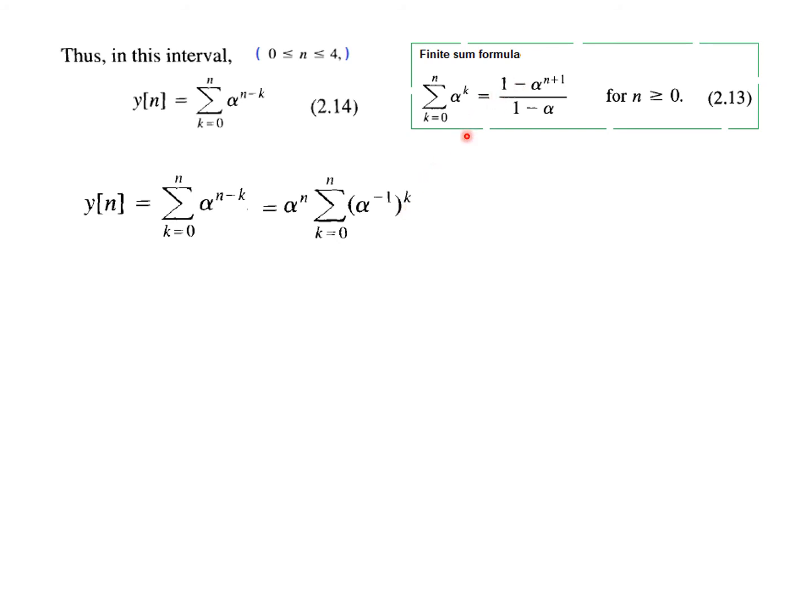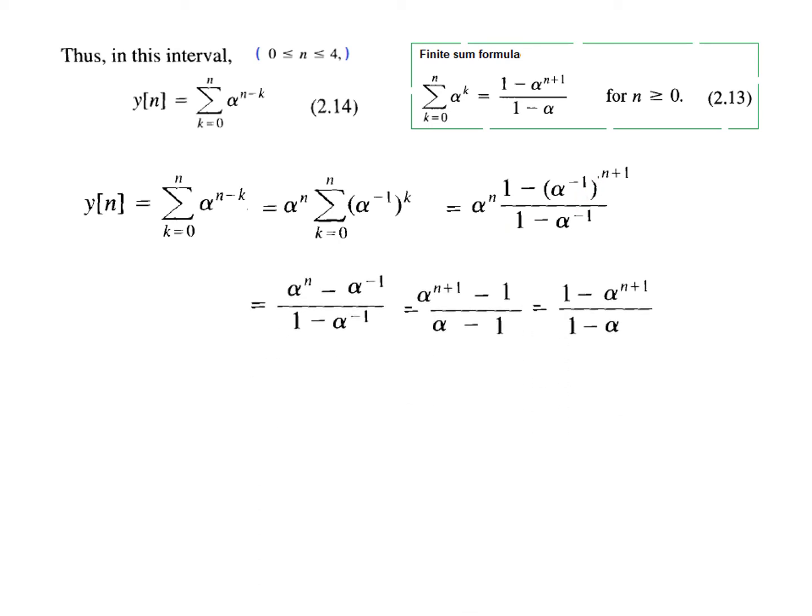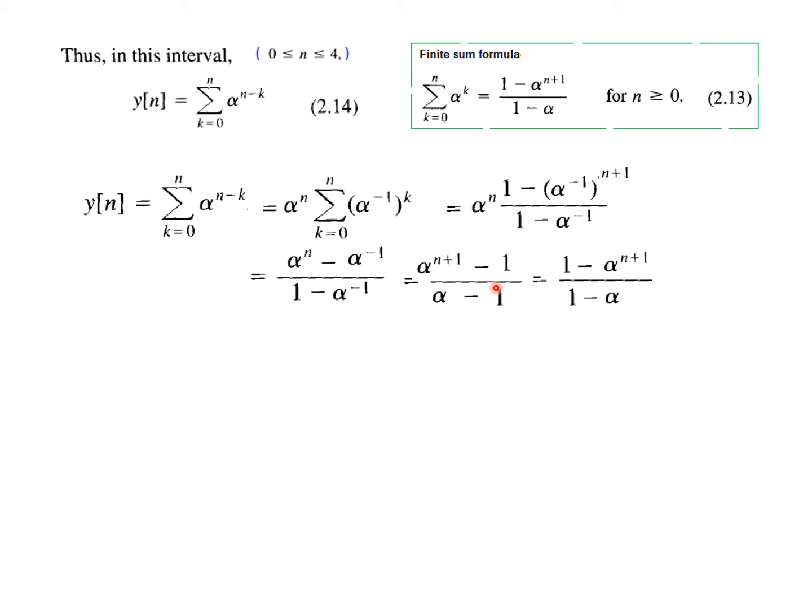And now we can apply this formula. Just for a we have to write a inverse. And so applying the formula and then multiplying by a power n, we can simplify, we get the final result this. Remember, a inverse is 1 over a, and so you can take LCM and then solve. So this was the interval 2 part.